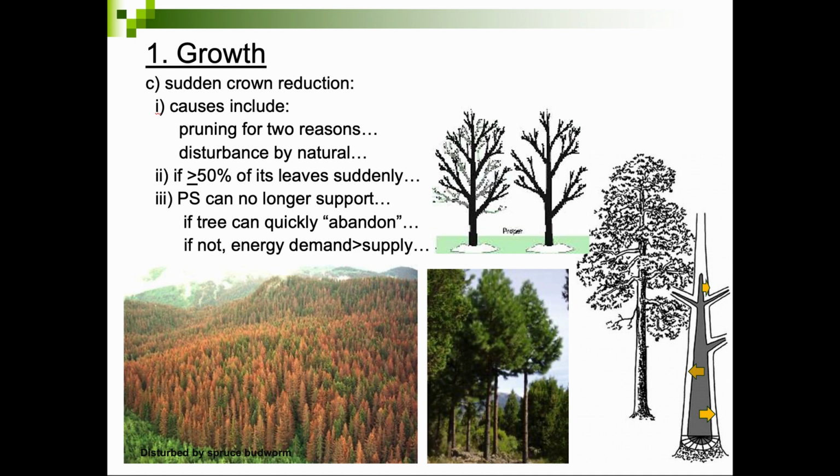Now, if 50% or more of an individual plant's leaves are suddenly removed, usually the plant ends up dying. Photosynthesis can no longer support the living tissue because remember, even if many of the branches are removed, there's a ridiculous amount of living cells in the cambium, the lateral meristem, the outermost ring of these individual trees.